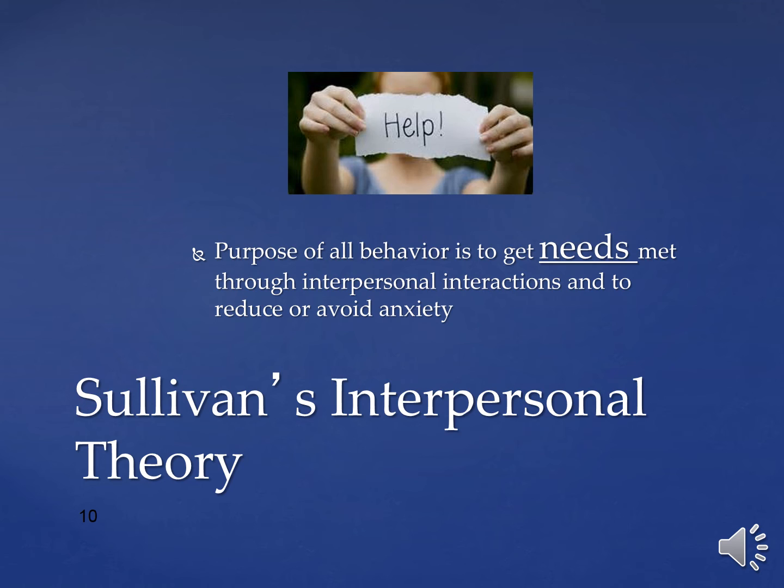Sullivan's theories are often used for short-term treatment, and they're very effective when working with people that are depressed, that are going through grief, and are socially isolated. We know that the purpose of all behavior is to get our needs met, and that our personal interactions, our interpersonal relationships are critical to our happiness.